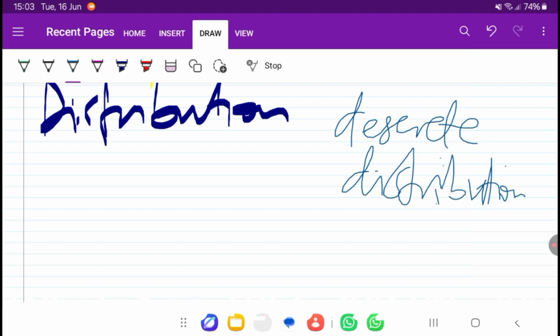One is for countable data, the other is for continuous data. They are continuous distributions, as we shall look at them.